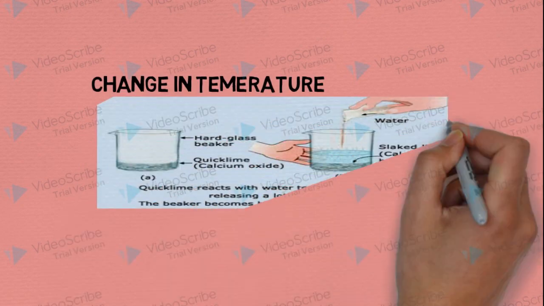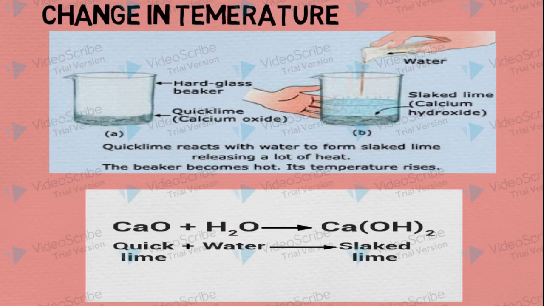Change in temperature. Let's have a look. Take a beaker and add quick lime into it, that is calcium oxide. When you add water into it, quick lime reacts with water to form slaked lime and a lot of heat is released. The beaker becomes hot. When you touch the beaker, you can feel the rise in temperature.